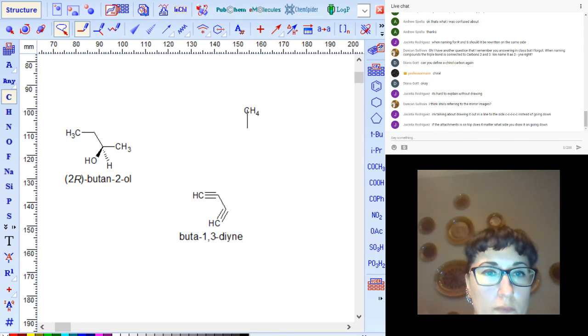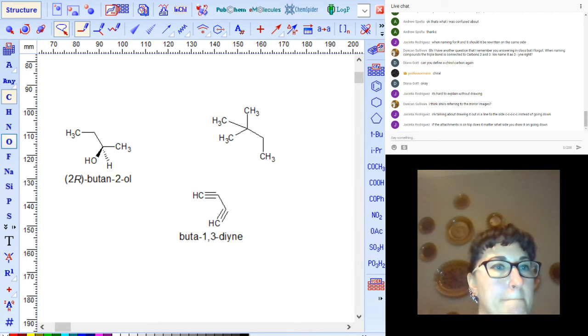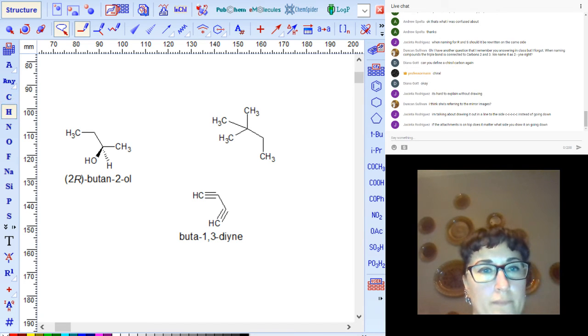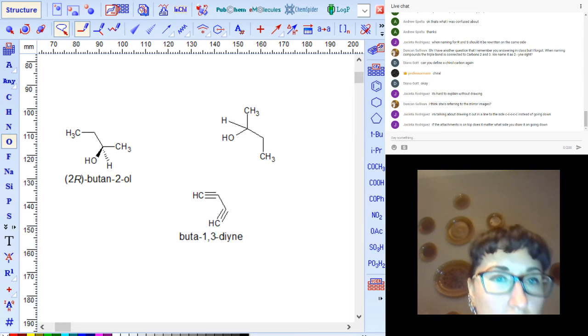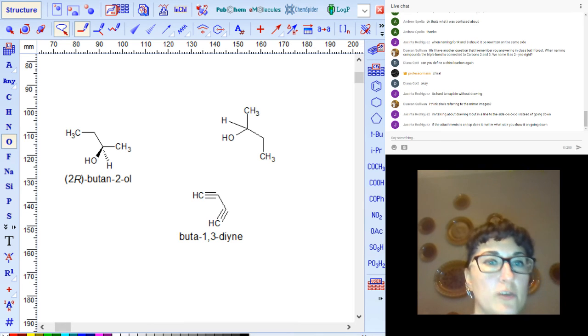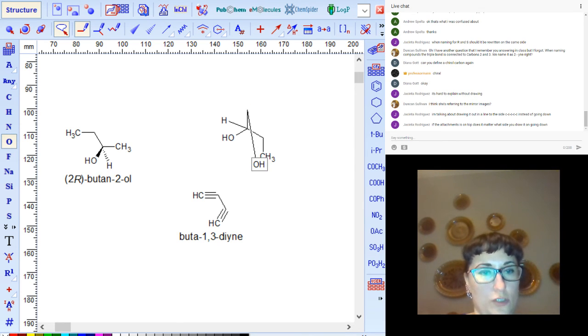So another way of drawing that same exact molecule would be like that. Hydrogen. I might have just made the enantiomer. What did I do? R. Yeah, I just made the enantiomer, sorry.